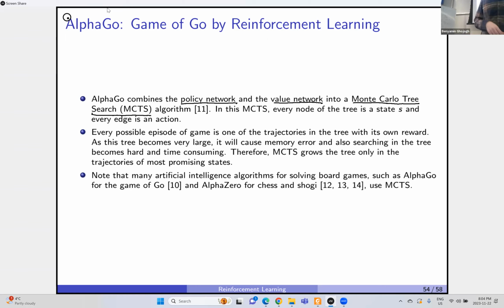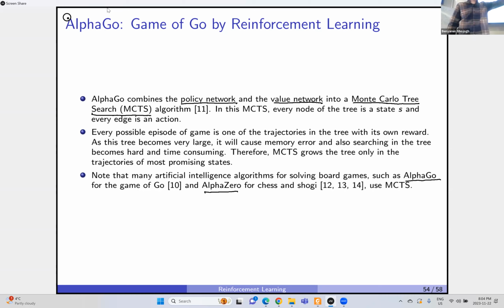Okay. And as you can guess, it has been used for almost all uses of artificial intelligence for solving any board game, like chess. For chess, they use MCTS a lot. For the Go game, they use MCTS a lot. If you see their papers, you see MCTS a lot. So, for example, it has been used in AlphaGo for the game of Go.